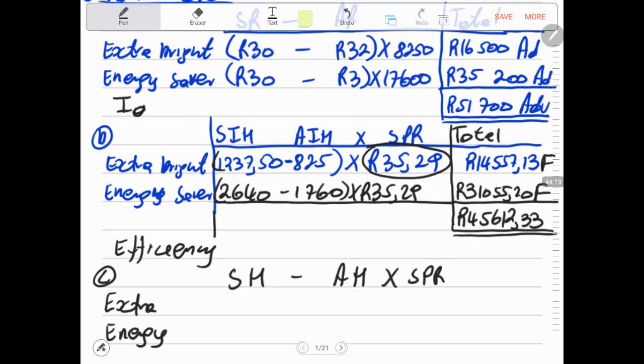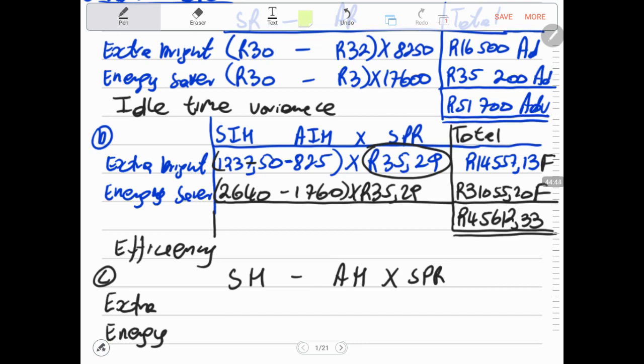This was the idle time variance. The idle time variance. And if you take note of what I'm doing with regards to the idle time variance, I focused on the idle time. I did not focus on the productive time. And some questions, they will be doing this from the productive point of view.